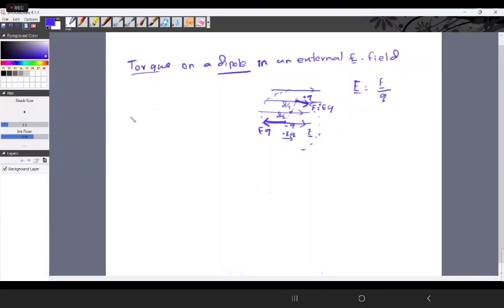Okay, torque, this one. After this diagram, just write down the torque, inside the bracket put it as a couple.